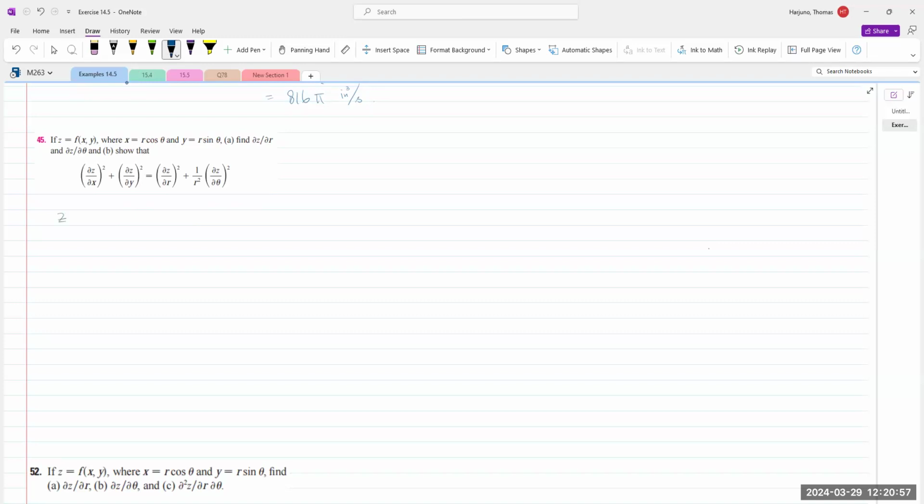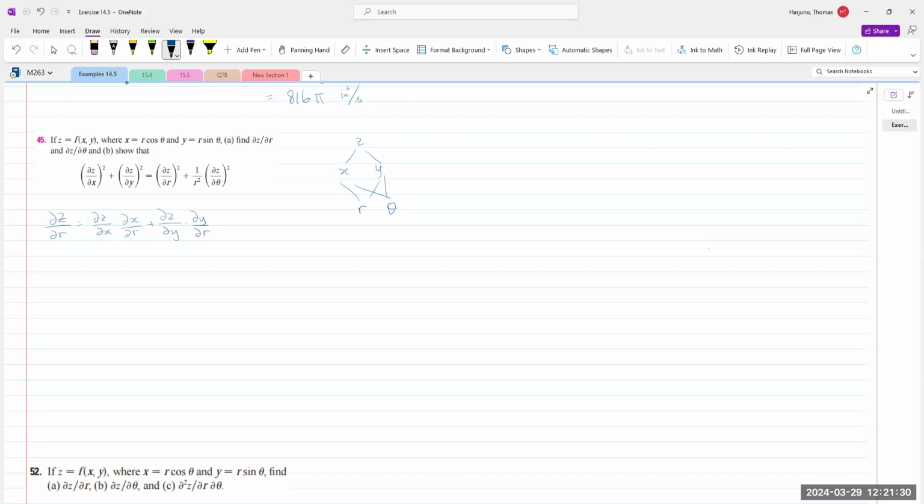You see z is a function of x and y, but x and y are functions of r and θ. So ∂z/∂r will be ∂z/∂x times ∂x/∂r plus ∂z/∂y times ∂y/∂r.